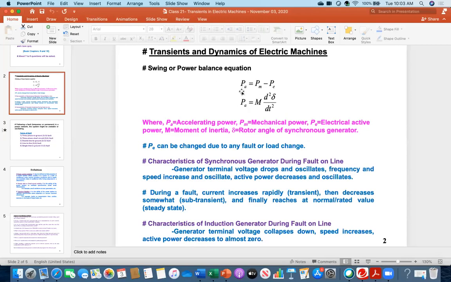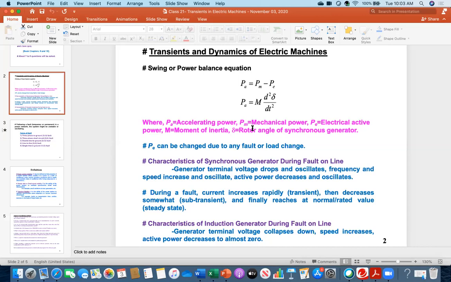And then I was explaining to you that P_A, the accelerating power on the mechanical side, is M d square delta over dt square. So you use the symbol delta, which I call the power angle or the torque angle, or sometimes it is called the rotor angle of the synchronous generator, and M is the moment of inertia. From physics, you know the moment of inertia. Because it has a mass, the M value depends on the size of the generator.